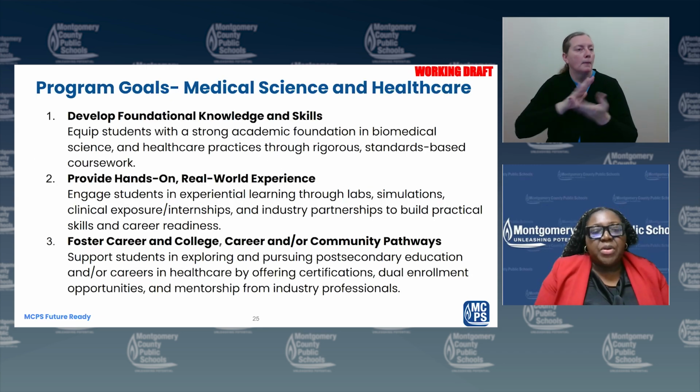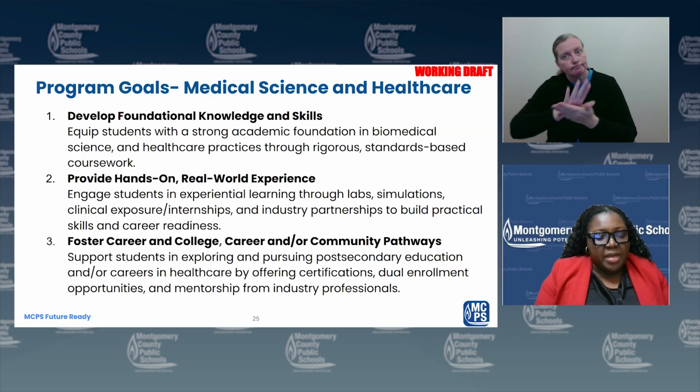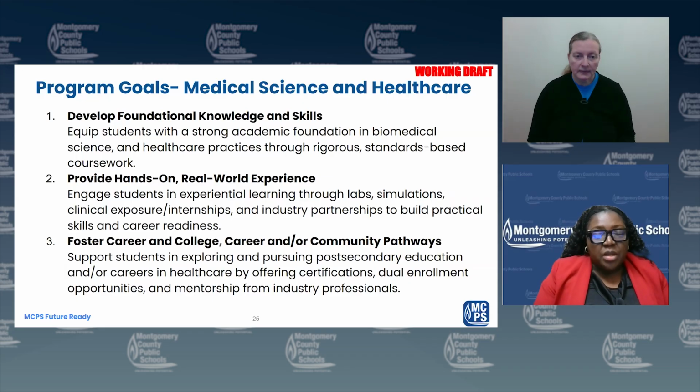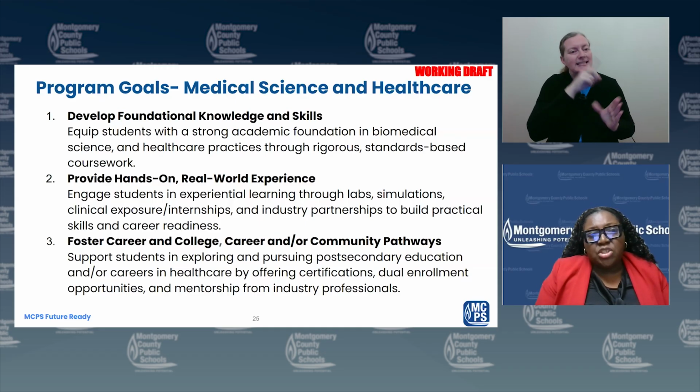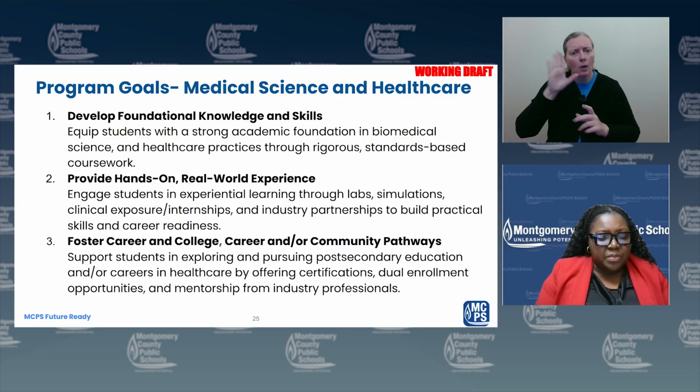The program goals are structured around three main themes. The program is designed to help students build a strong foundation in science and healthcare. Students will really be immersed in their learning. So they'll be doing simulations, they'll be in labs, they'll be doing internships and clinicals.